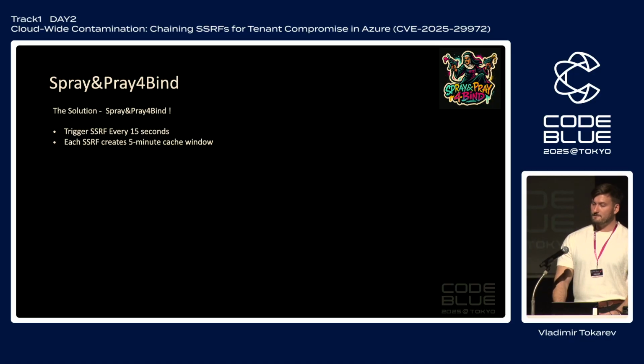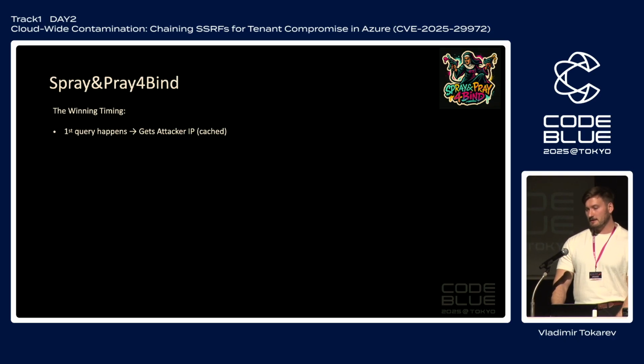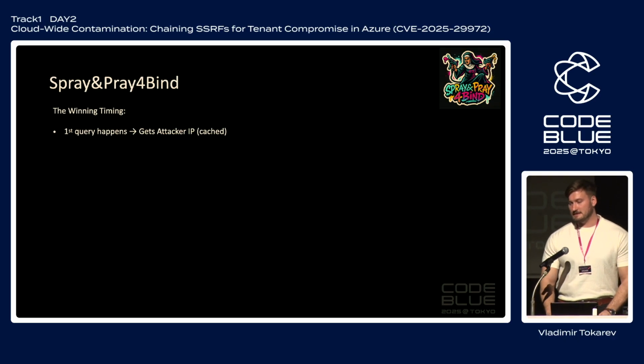Trigger SSRF every 15 seconds. Each SSRF creates a 5 minutes cache window, and eventually one attempt, namely the attempt closest to the 5 minutes mark, will win this race, let's call it. And how will the winning look? First, the attacker will get the IP cached.